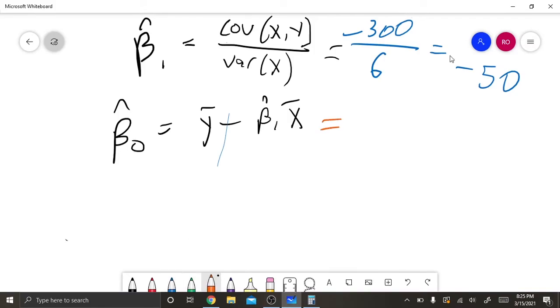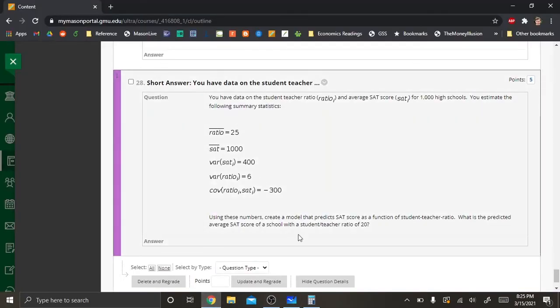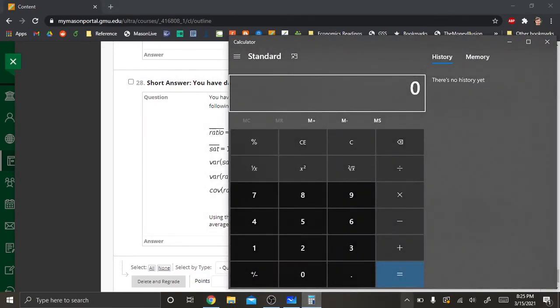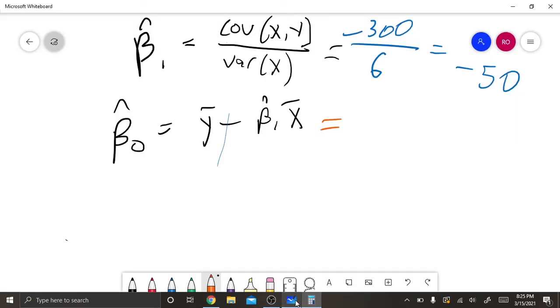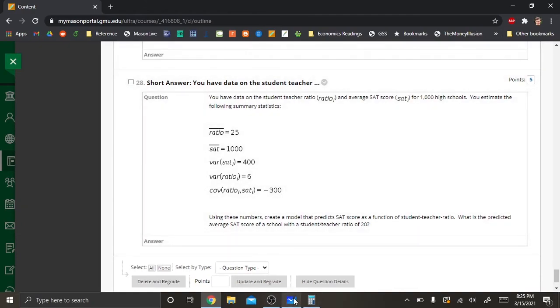Next we can plug that down in here. We need the average value of y, so that's the average SAT, 1000, minus negative 50 times the average value of ratio, which is 25.